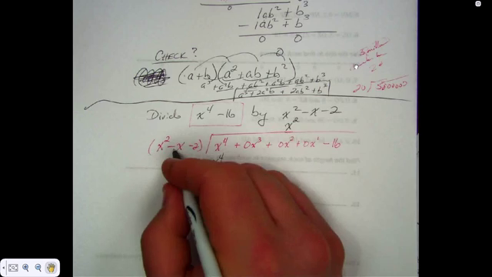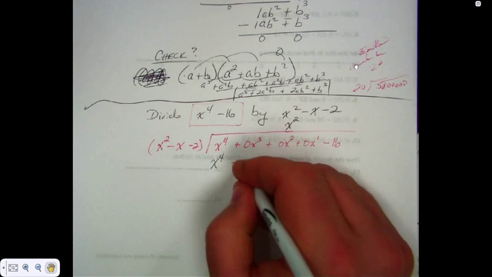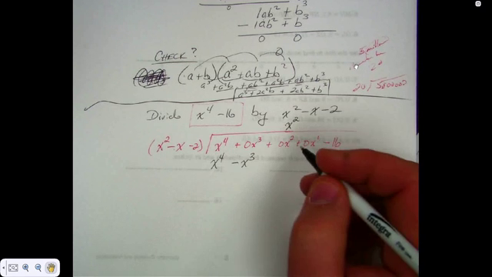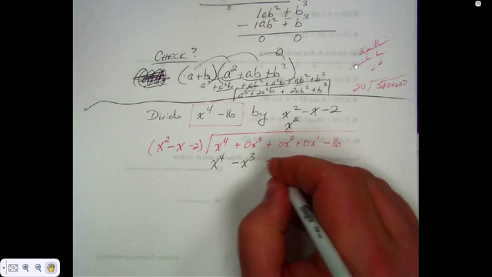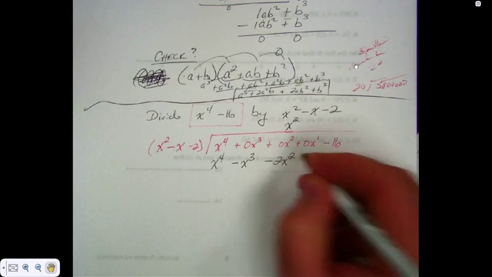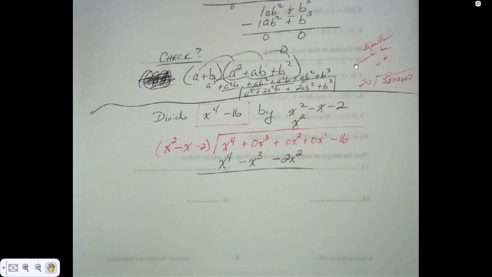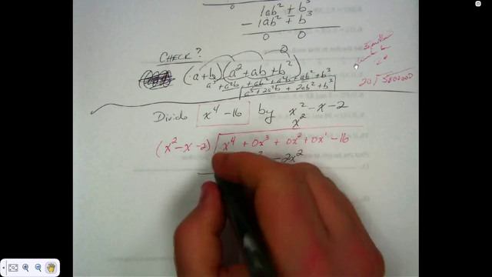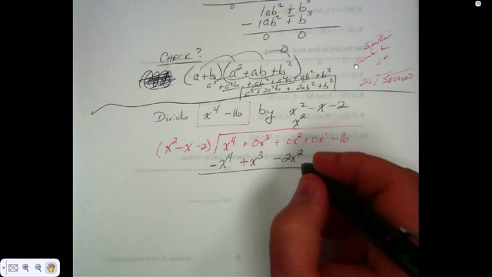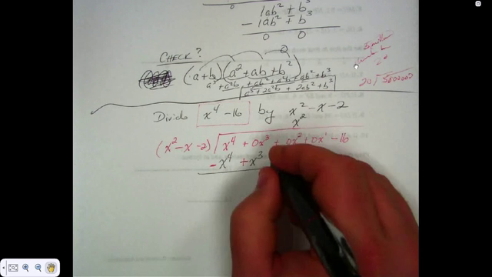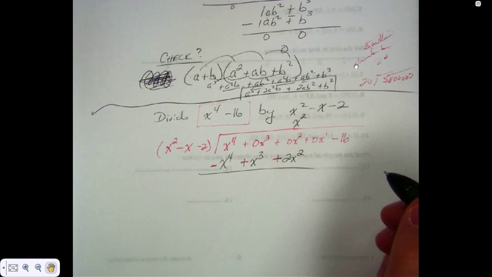x squared times negative x would give me a negative x to the what? x squared times negative 2 would give me a negative 2 what? Squared. Now, what did I say we're always going to do? Change the what? Because we're going to subtract them. So that becomes negative. This now becomes positive. A negative of a negative becomes what?